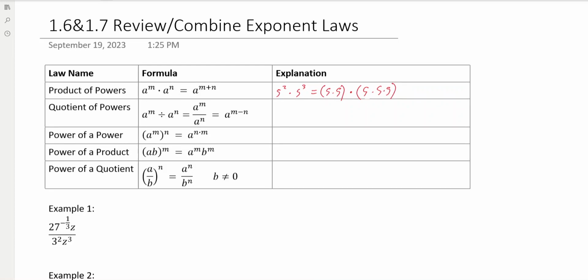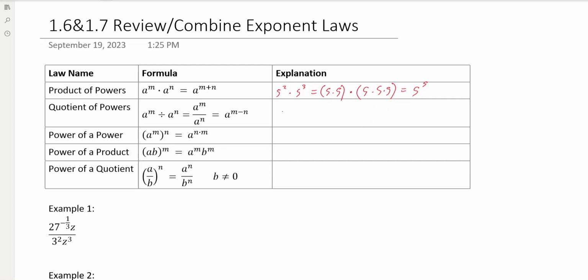So it's cubed, and there are 3 of them. If you put all those together, there are 5 of them. So 2 plus 3 equals 5. So that's why we have a 5 up here. I should have picked 4 just to make it a different number, but there you go.